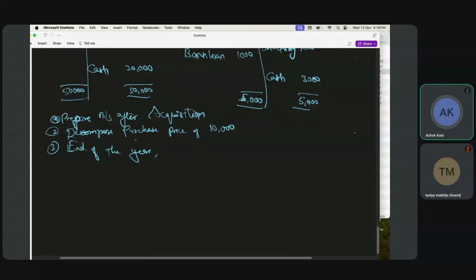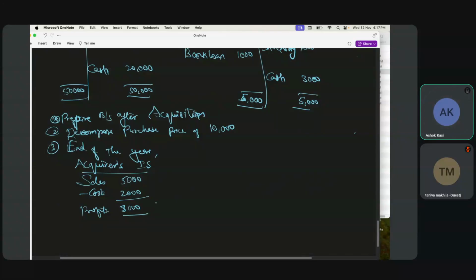At the end of the year, the acquirer's income statement is: sales 5,000, cost 2,000, profit 3,000.